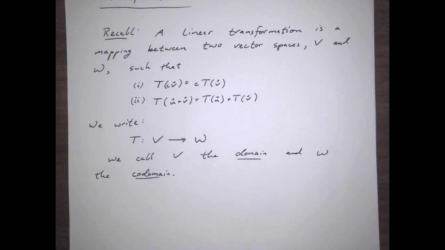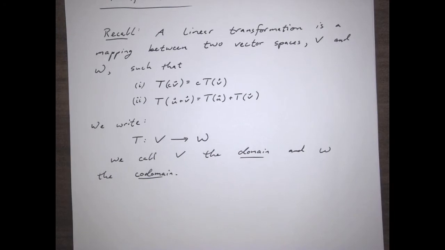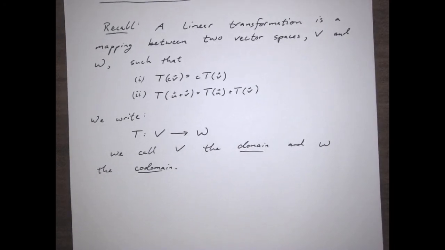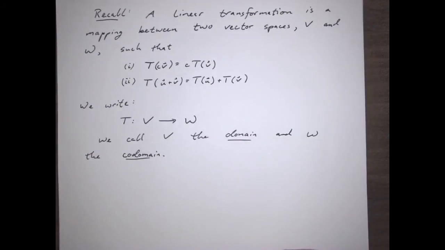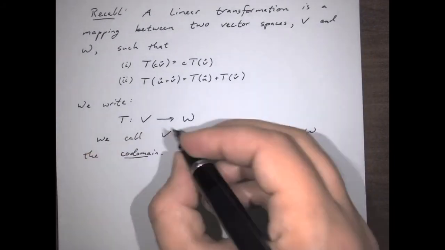Okay, so that's what it means to be a linear transformation. Now, in the context of Rn and Rm, we can always express these transformations as matrices. However, if we're talking about a more abstract situation, a more unusual vector space, then that might not be the case.